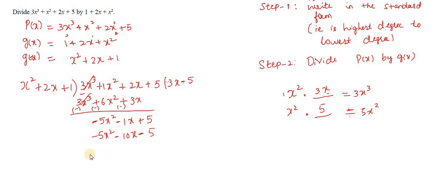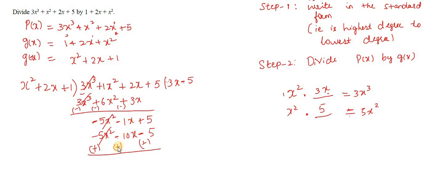Now change the signs, so your minus is there, change it to the plus. You have to change the opposite sign. Here minus is there, change it to the plus. Here also minus is there, change it to the plus. So here plus 5x square minus 5x square get cancelled. Now what remains here? Plus 10x minus 1x.